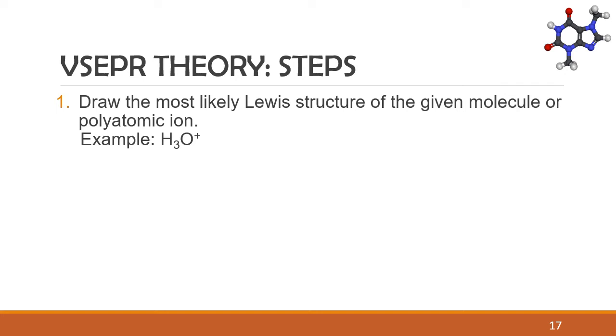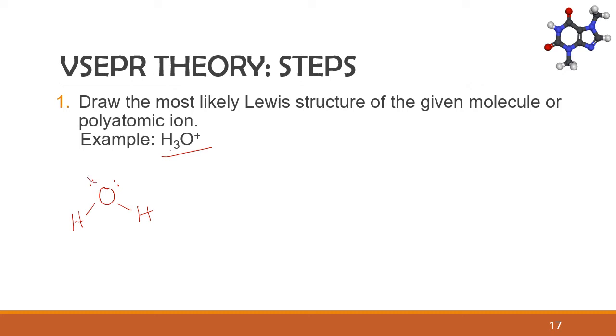In the water molecule, oxygen shares 2 electrons with hydrogen atoms, and it has 2 lone pairs. In the hydronium ion, there is another hydrogen atom and 1 electron is lost.